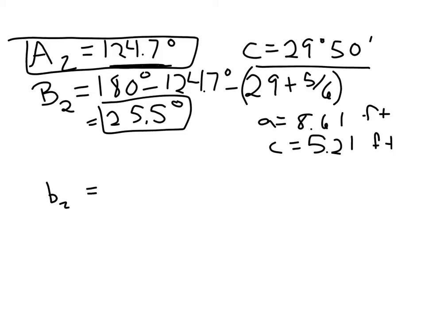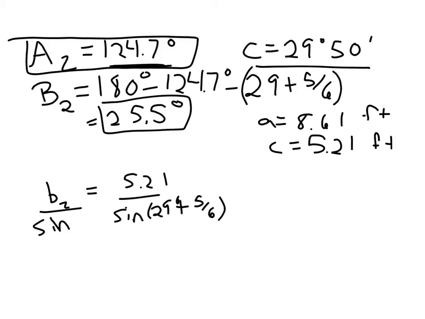So you would have this equal to side C 5.21 over sine of angle C 29 degrees 50 minutes, so plus 5/6. And this would be over sine of B, which is 25.5 we just found. So you'd multiply by sine of 25.5 on both sides so that it cancels here.